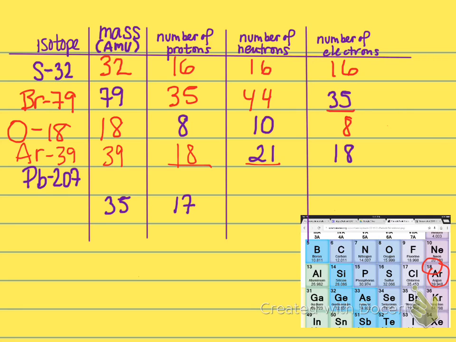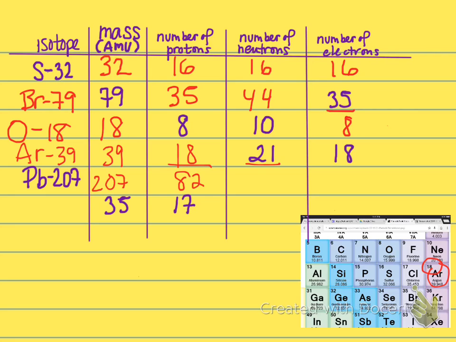Aha, PB207, the big guns. So PB, you have to know, is lead. And of course, since this is PB207, what's the atomic mass? Right, 207. Don't ever miss that on a quiz. Knowing that this is lead means we can go to the periodic table and look up the atomic number for lead.